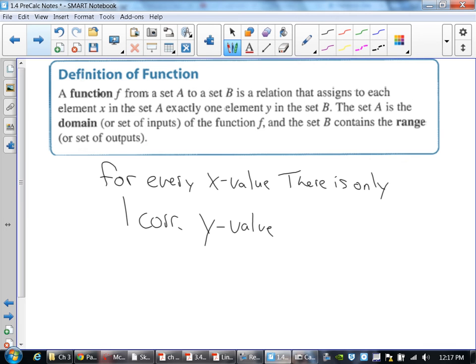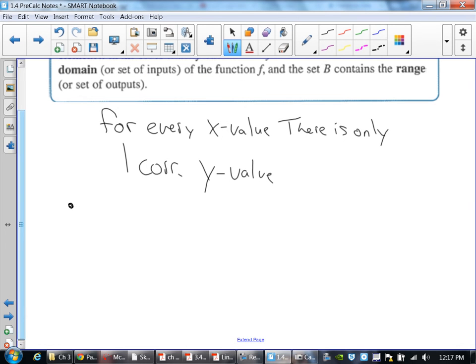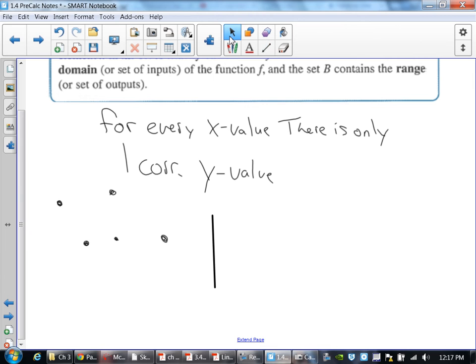Because no matter what you have, if you have sets of ordered pairs, if I'm looking at this, I take any vertical line and I go across a set of ordered pairs, as long as this vertical line only touches one of the ordered pairs at a time.